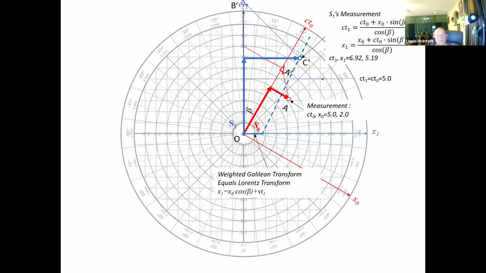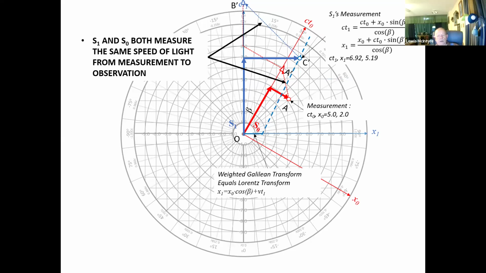We can show graphically that it is the Lorentz transform of S0 by erecting a temporary X1 axis at CT1 equal to CT0, proceeding from A prime in the direction of CT0, then an equal distance in the direction of CT1 to locate C prime. Both reference frames determine the same speed of light from measurement to observation.